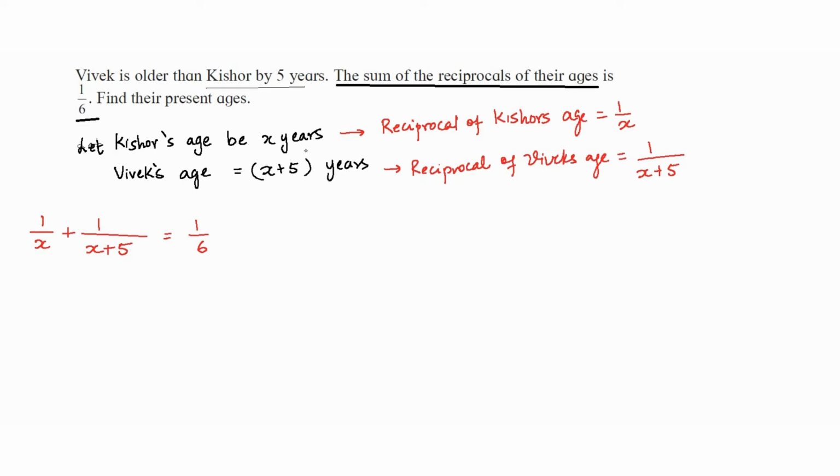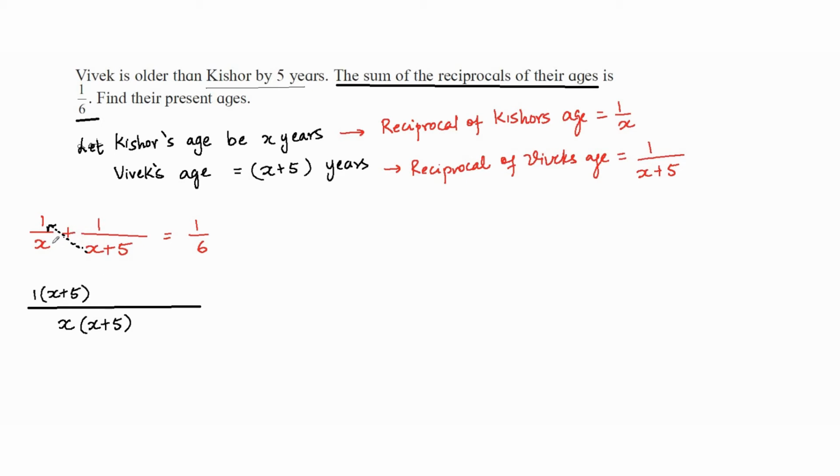So of course I can go ahead and take the LCM of these two terms, x and x plus 5, because we don't know if any common factors exist between them. So I would just multiply these two terms as their LCM, x into x plus 5. The first one I multiply with x plus 5, so it becomes 1 into x plus 5.